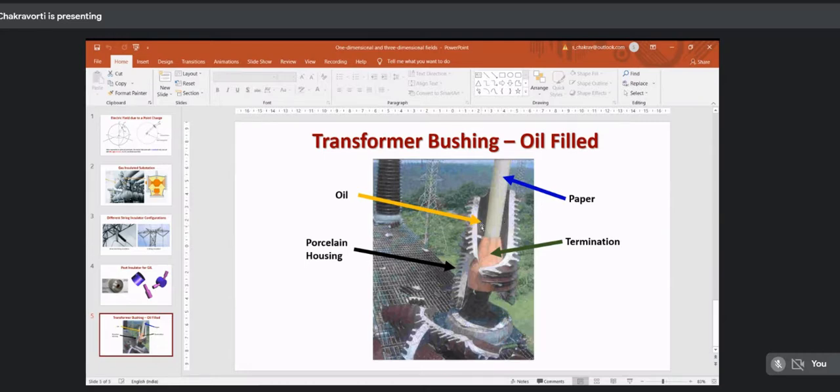Now you can ask me why there is a gap between this porcelain housing and the paper. I could have put porcelain straight away on the paper. The answer is yes, I can do that, but then there is a slight practical aspect we have to consider. You take two solid cylinders. The outer radius of one cylinder is equal to the inner radius of the other cylinder.